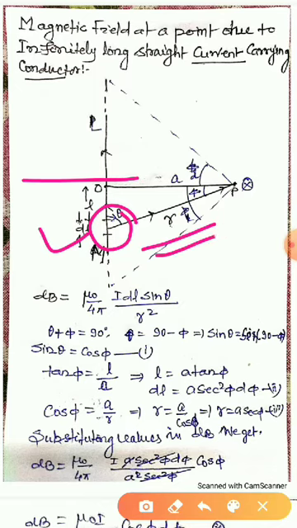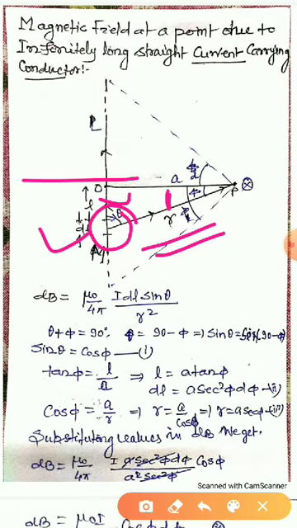So R is the position vector. So the angle between I dl and R here is theta, and let the other angle, this one, be phi, and this is 90 degrees, so theta plus phi is 90 degree.